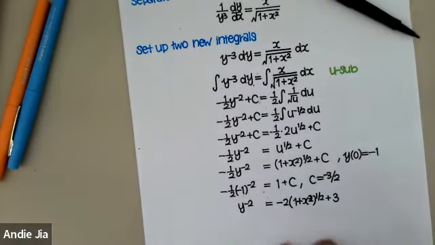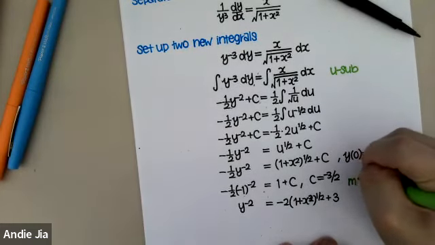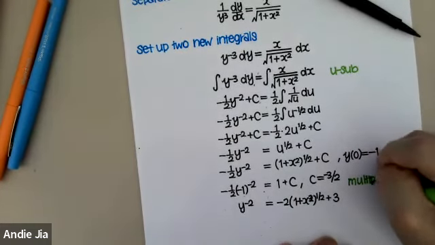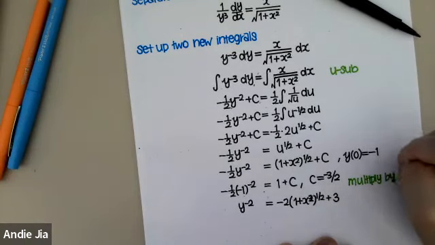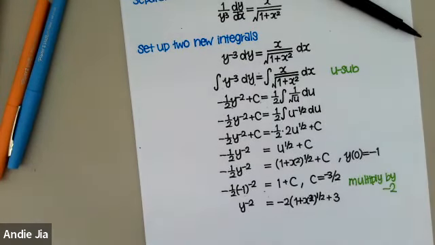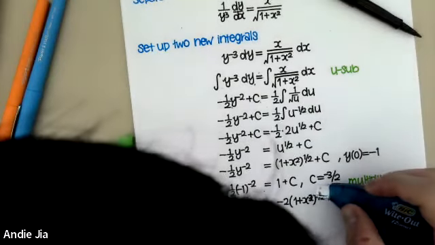Just multiply all sides by negative 2. It's a square, not a cubic.